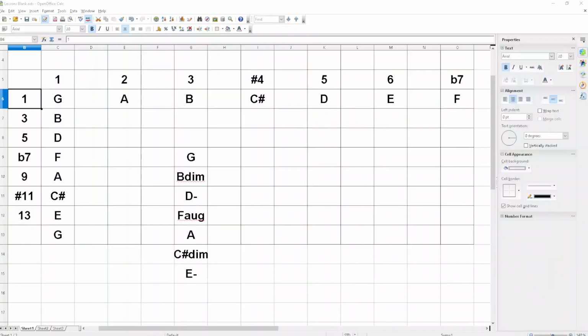And that can also be an interesting solution to develop melodic ideas over a dominant 7, sharp 11 type of chord. Let's investigate further.